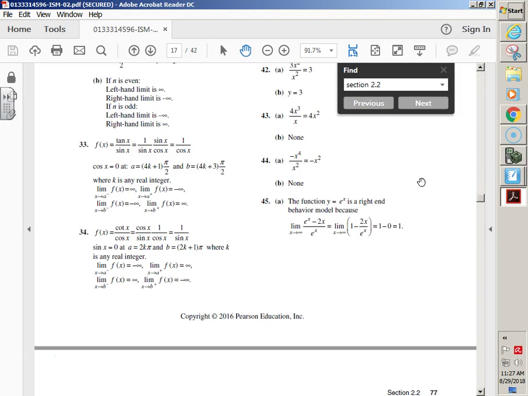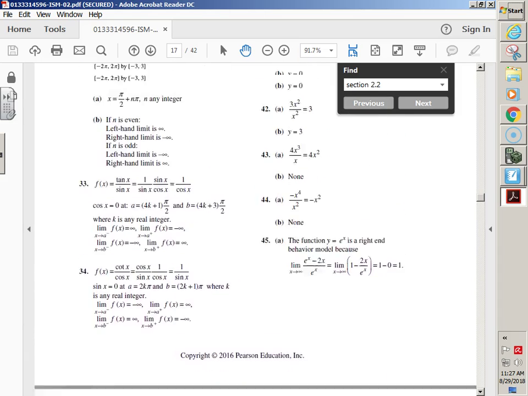So whenever the top wins, no. Which is why there's none, because when the top wins, you're just going to infinity or negative infinity. They were asking for horizontal asymptotes, so none. Sorry, Aryan, what was that one?